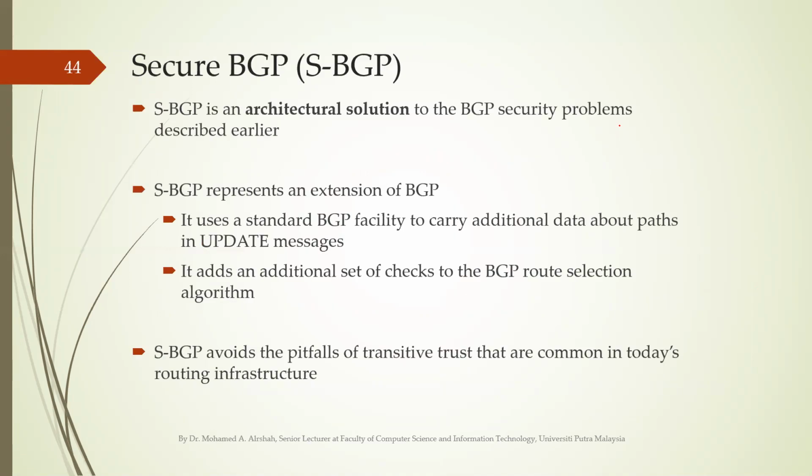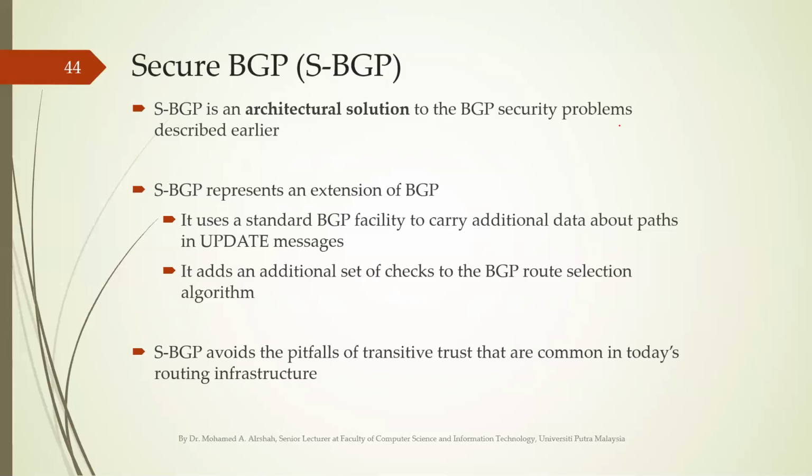For this reason, they come with something called Secure BGP, or SBGP. Secure BGP is an architectural solution to the BGP security problems described earlier. SBGP represents an extension of the BGP protocol. It uses a standard BGP facility to carry additional data about paths in update messages. So SBGP actually is a new extension for BGP.